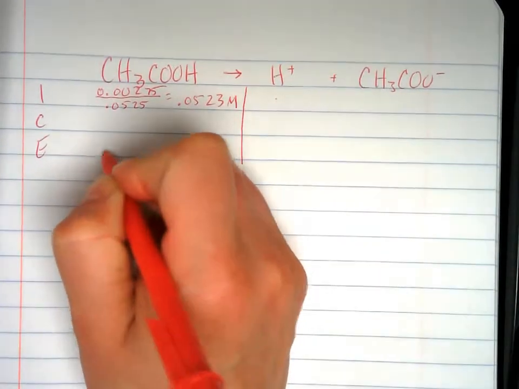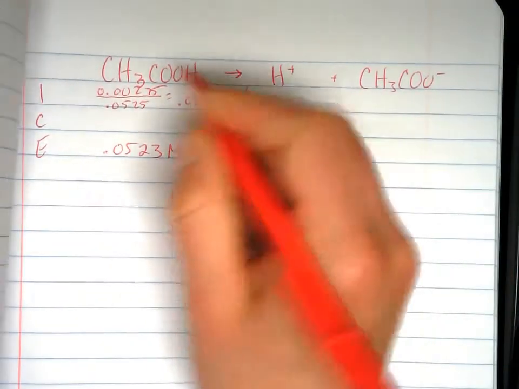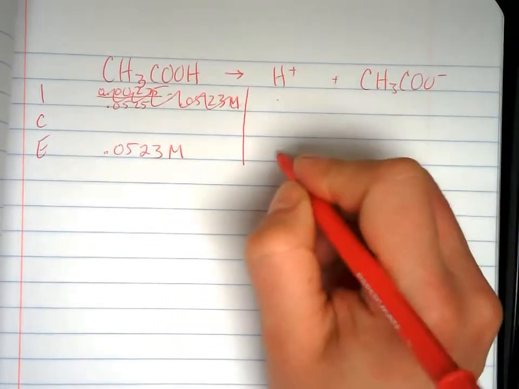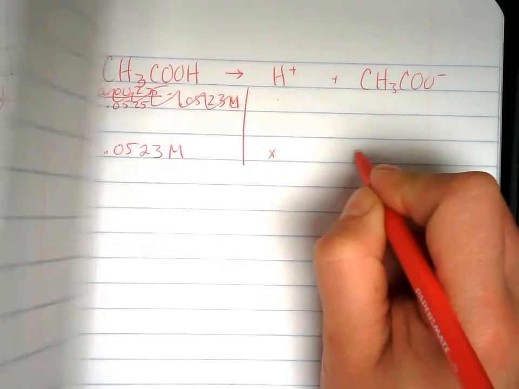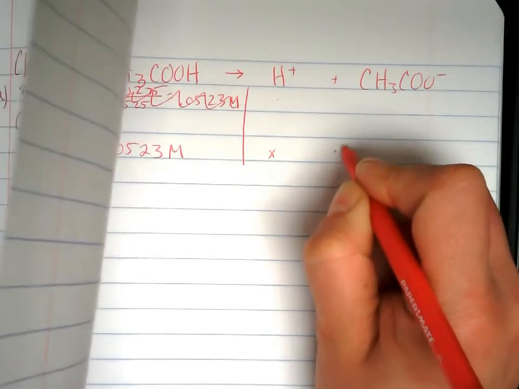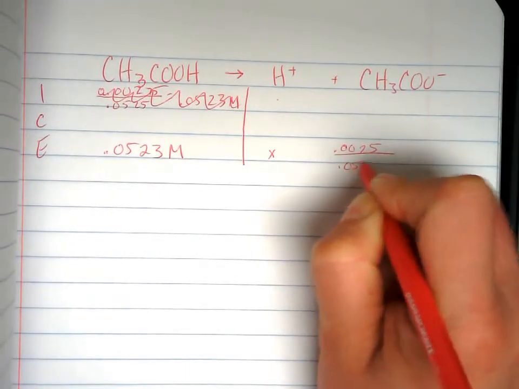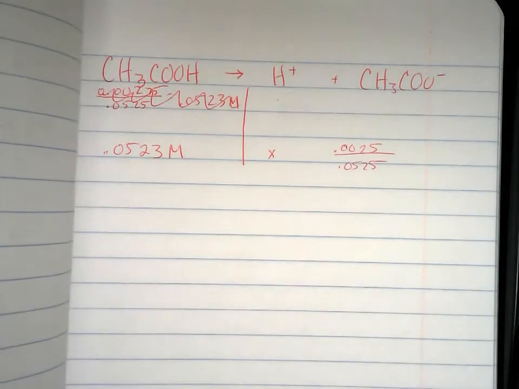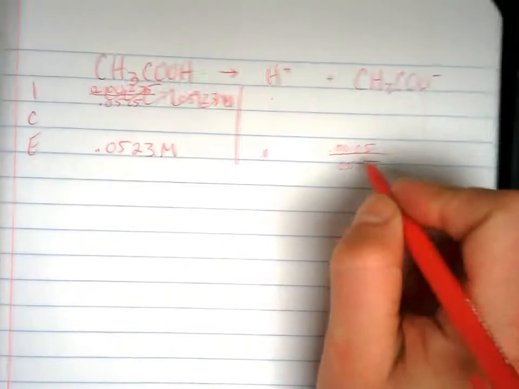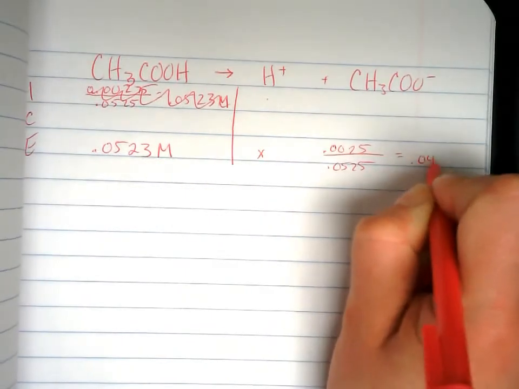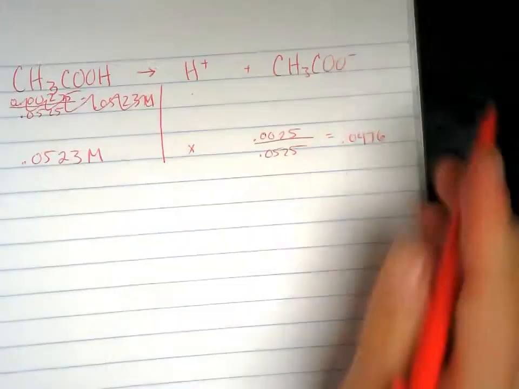Oops, I'm sorry, this is down here. 0.0523 moles per liter. So H plus we don't know, that's x. And here we know that this is 0.0025 divided by 0.0525. And that gives me 0.0476 moles per liter.